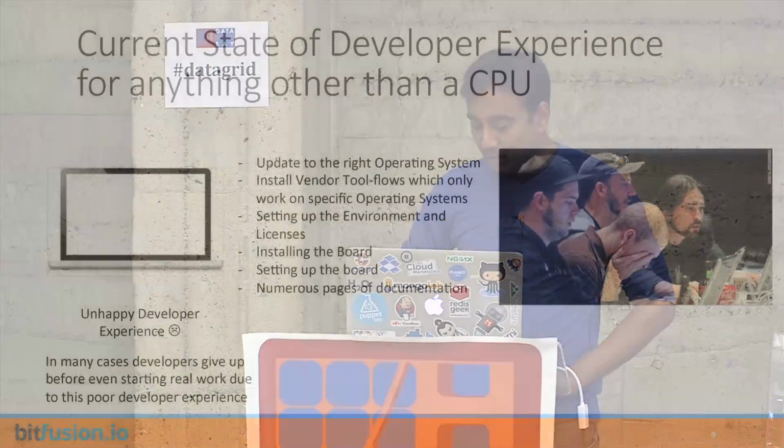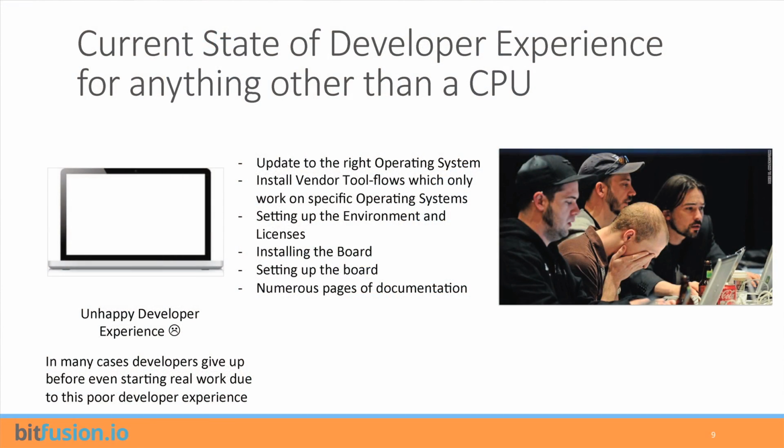The reason this is important is that the current state of developer experience for anything other than a CPU is challenging. For example, if it's a CPU, I can run it on my laptop. But if it's anything beyond a CPU, it's not easy. Even for a GPU, installing drivers is sometimes a pain. If you look at DSPs and FPGAs, it's even more pain.